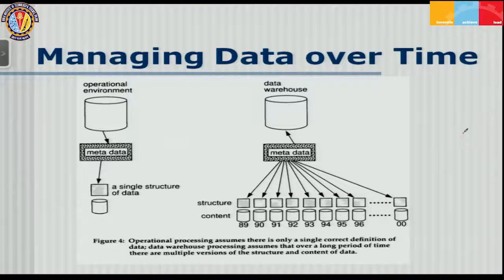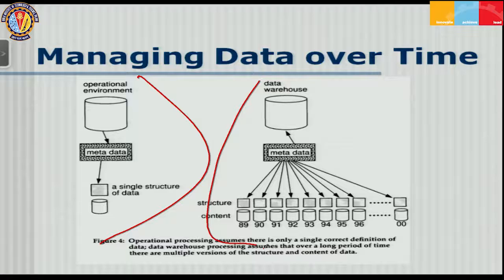So let us look at how this looks. This is the operational environment on the left-hand side, and this is the data warehouse environment on the right. There is a single data structure and content here, and in a data warehouse environment there are multiple data structures, and all these data structures are captured in the metadata.